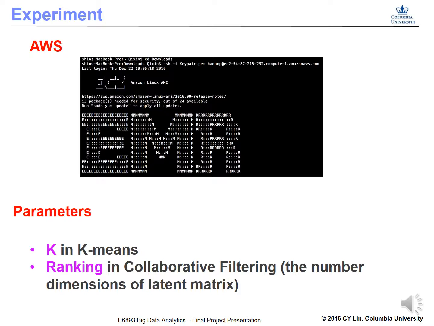The Spark collaborative filtering recommendation algorithm uses the ALS method, which uses a matrix factorization method to do the recommendation. So we need to decide the number of dimensions of that latent matrix.